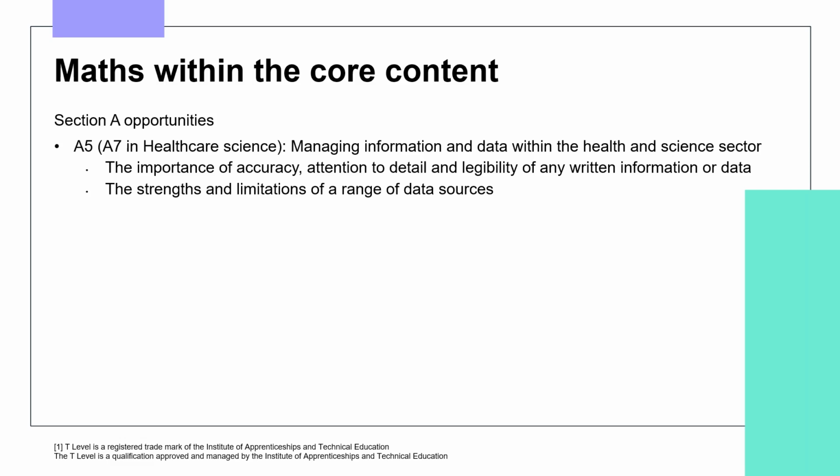A8 in healthcare science T-level on managing information and data also contains content regarding formats for communication and presenting data, the principles of methods of statistical analysis and interpretation, and many more examples within the science T-level too, such as A6 on data handling and processing, A9 on scientific methodology, and A10 on experimental equipment and techniques.